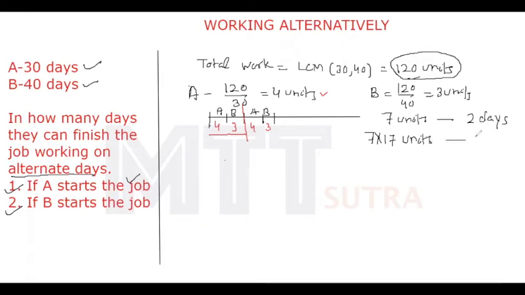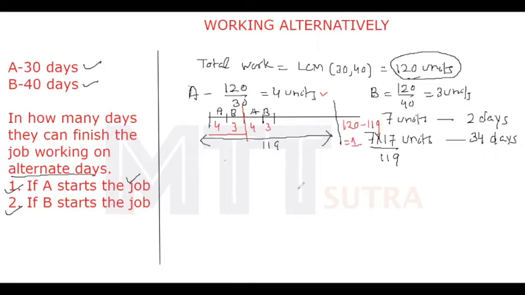Those units of work are done in how many days? 2 into 17, that is 34 days. So in 34 days, 7 into 17, that is 119 units of work is already done. How much work is pending? The pending work is 120 minus 119, that is 1 unit of work.